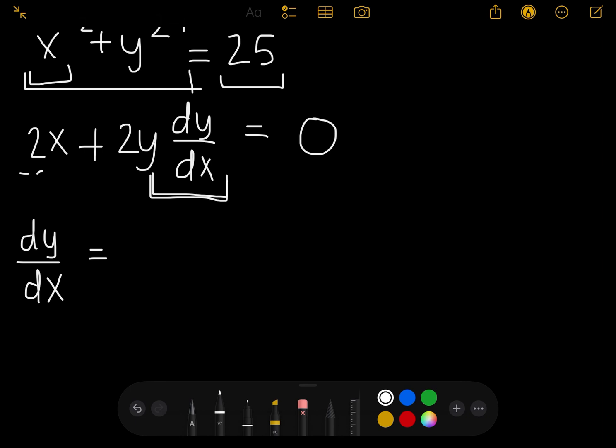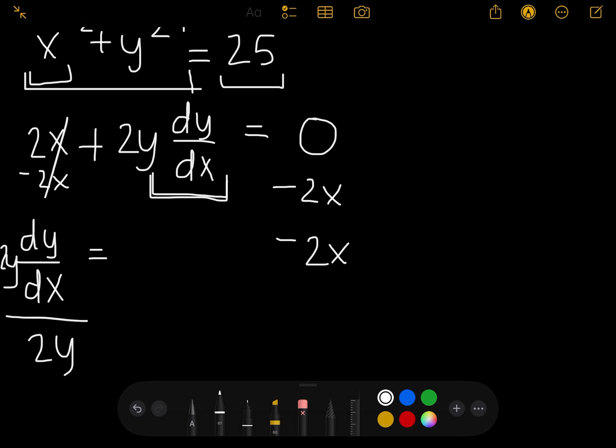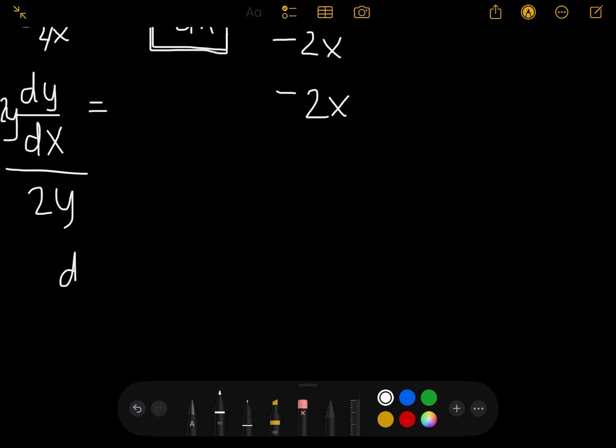So first we're going to subtract over our 2x. So our 2x is gone from our left side. So we have our negative 2x, but we still have our 2y over here. So now we need to divide by 2y so we can isolate our dy/dx. We're going to divide by 2y on this side as well.